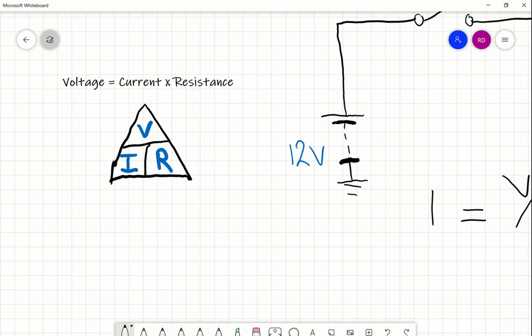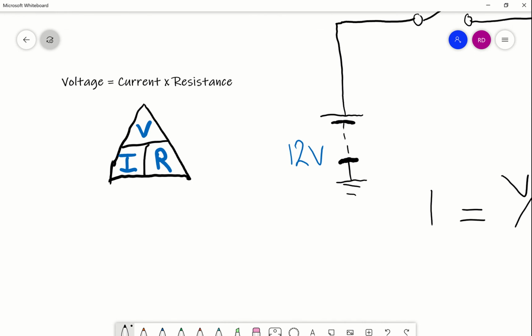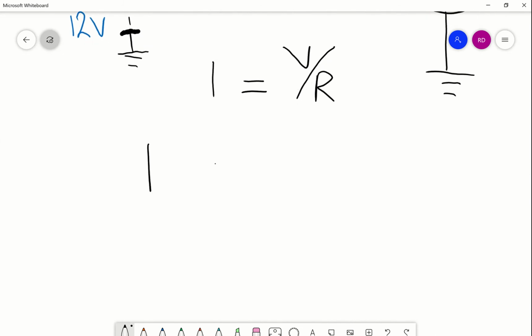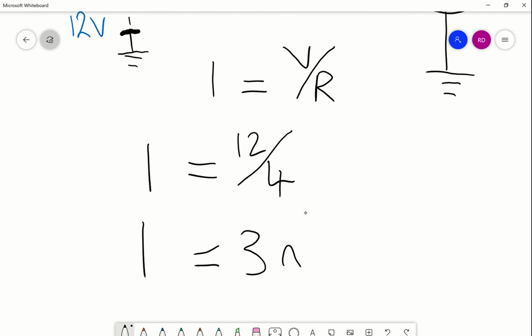I've covered the I, voltage over resistance. That's what I was left with. Therefore, I equals 12 volts over our 4 ohms. I is going to equal 3 amps.